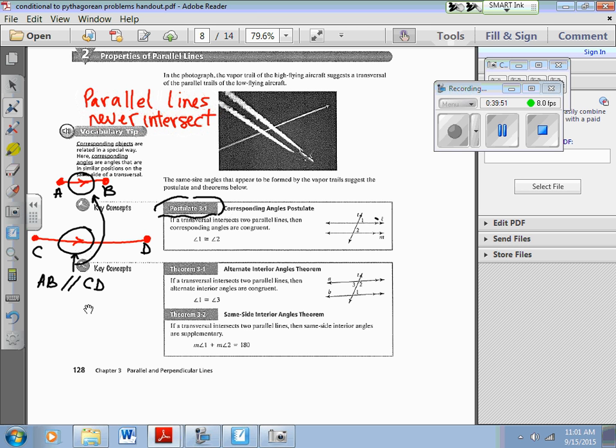On L and M, you see those extra set of arrows right here? That picture is identifying to you that those two lines are parallel just by the symbol notation. It doesn't have to tell you in words that they're parallel. Okay?